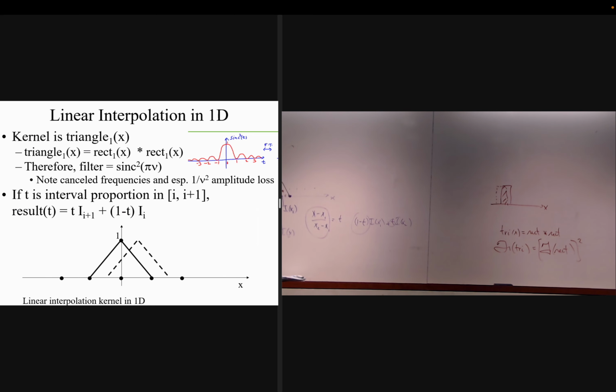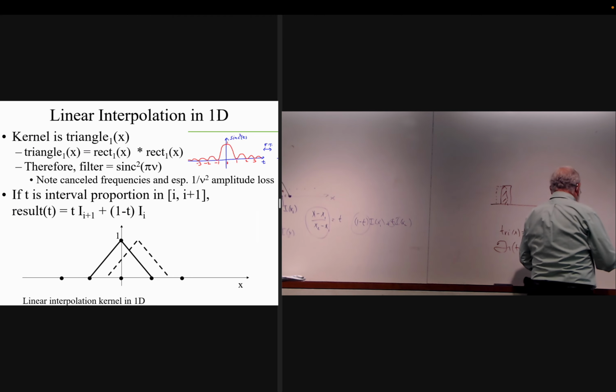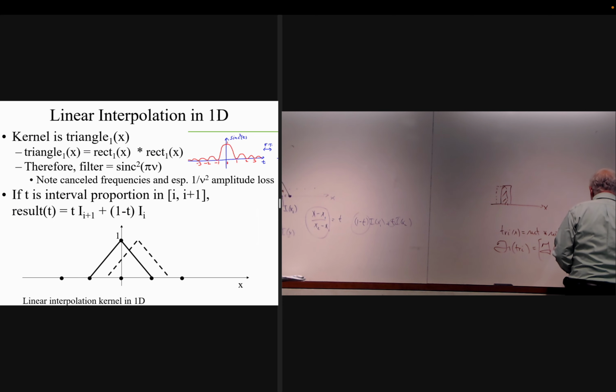Right? Because it's convolution between the two. But the Fourier transform of rect is sinc: sine ax over ax for some a.